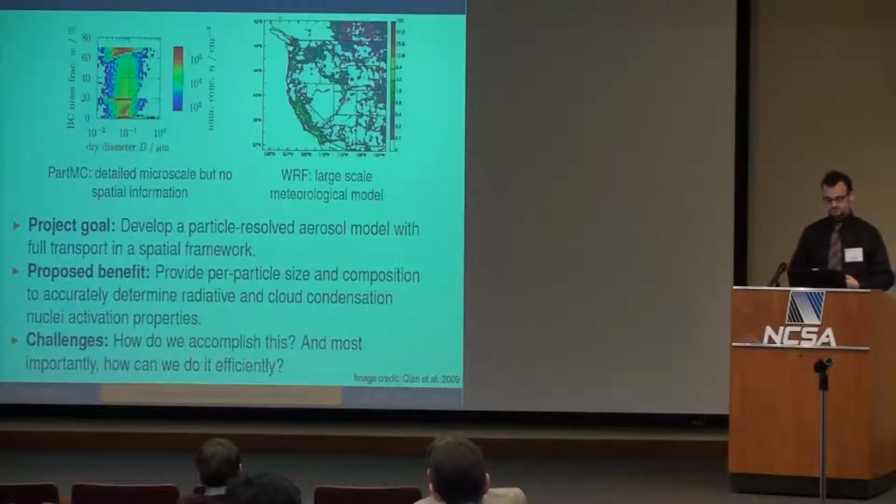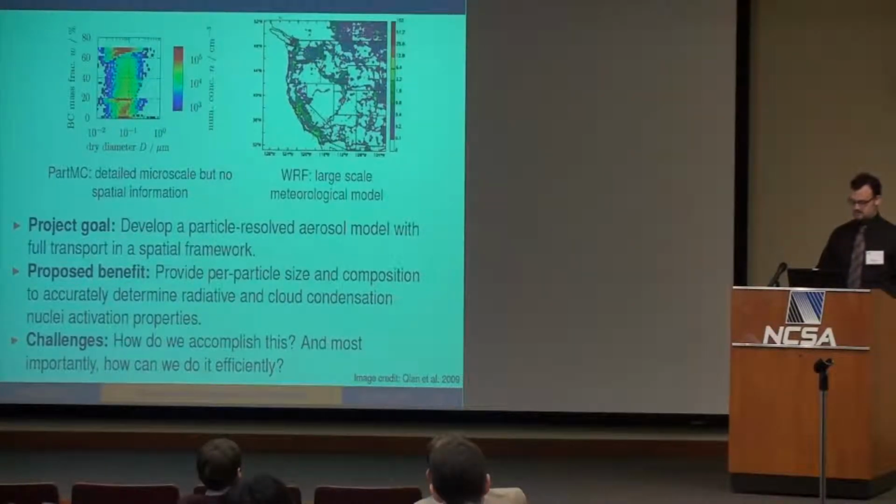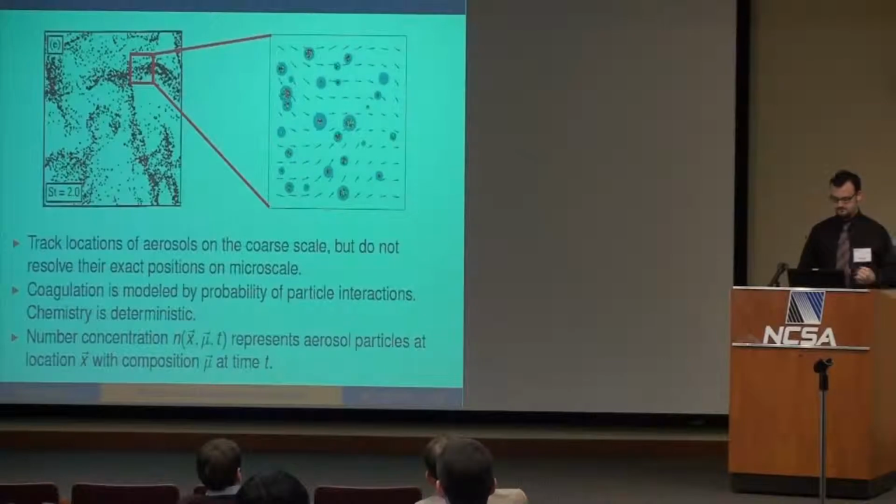So the real benefit of this project is I'm going to take the 2 weaknesses of these models and combine them so we avoid those problems. However, as you can imagine, particle resolved modeling is very expensive. So one, how do we accomplish this? And more importantly, how can we actually do this in an efficient manner?